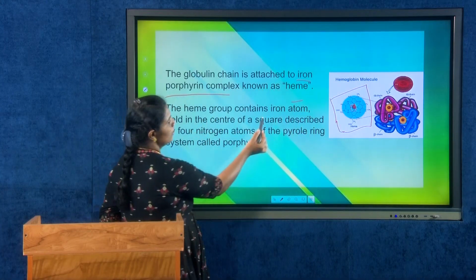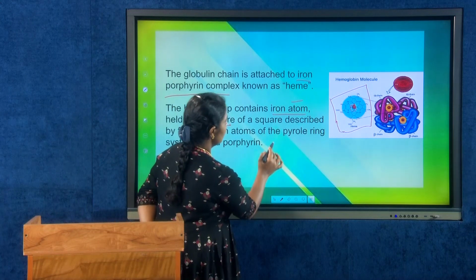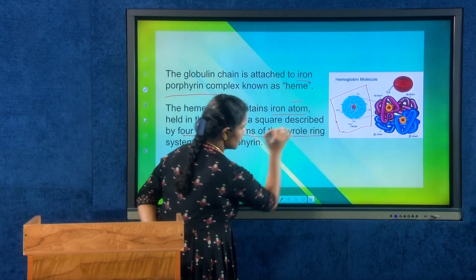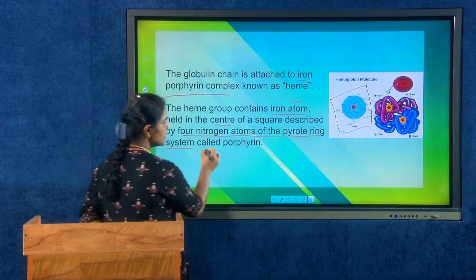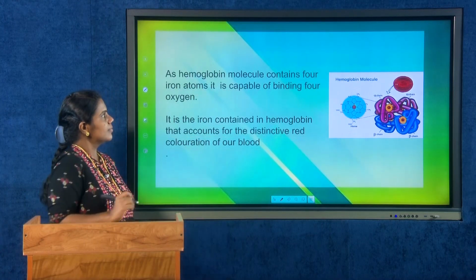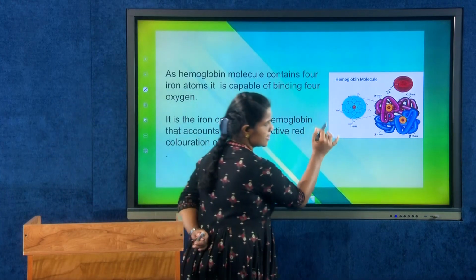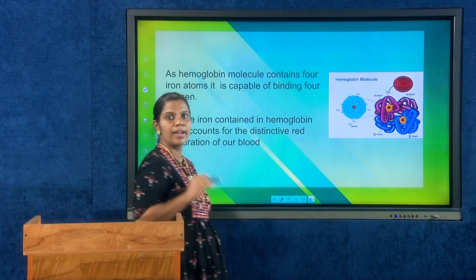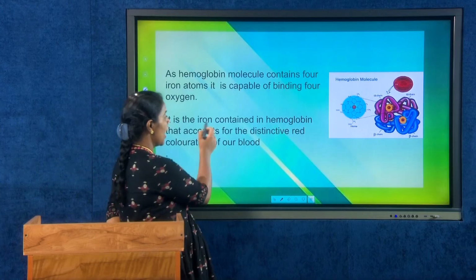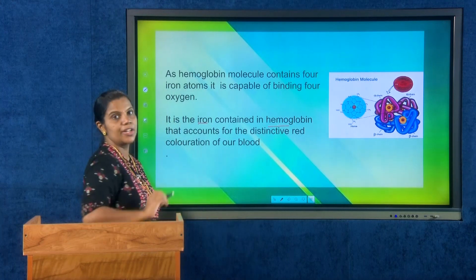The heme group has an iron atom held at the center, connected to 4 nitrogen atoms from the pyrrole ring system, which is called porphyrin. As it is a tetramer, it has 4 subunits, and hence it has 4 iron atoms. It is the iron contained in hemoglobin that accounts for the red coloration of blood.